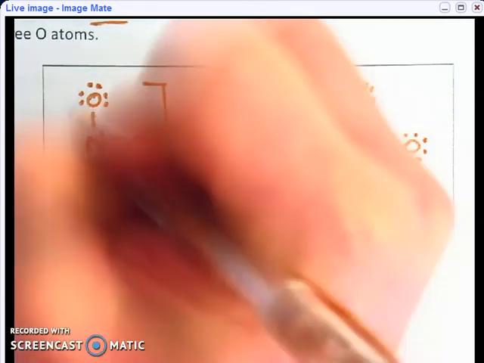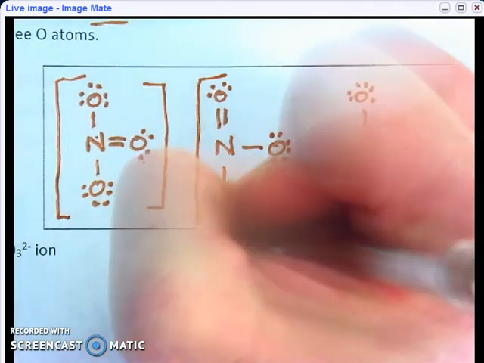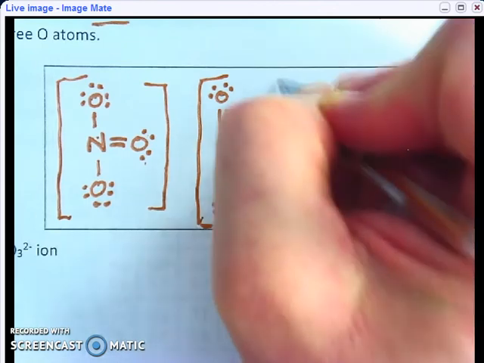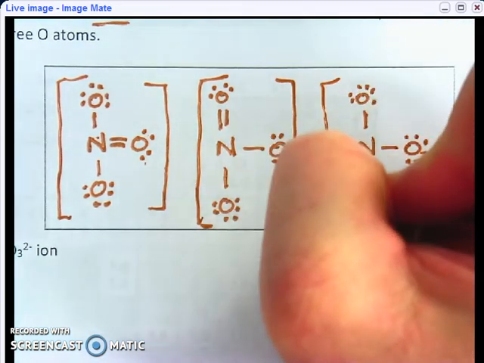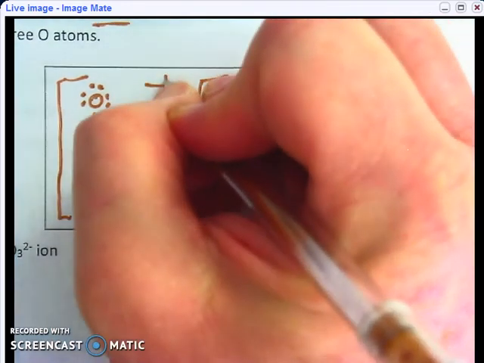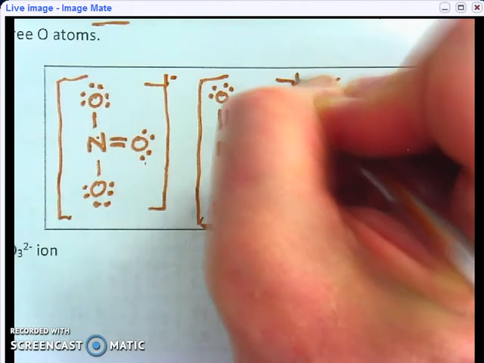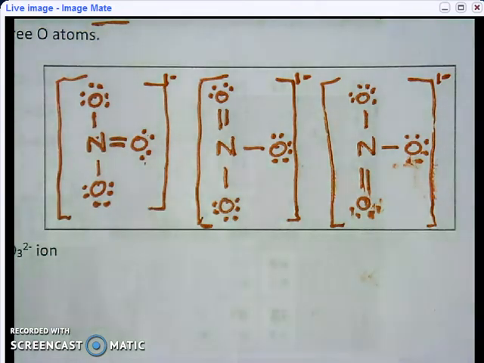And in reality, we're supposed to put square brackets around these. I know we don't have much room to fit all this in. Because if they have a charge, we're supposed to write the square bracket and put the negative sign just outside the square bracket. So that would be the proper way to write all three.